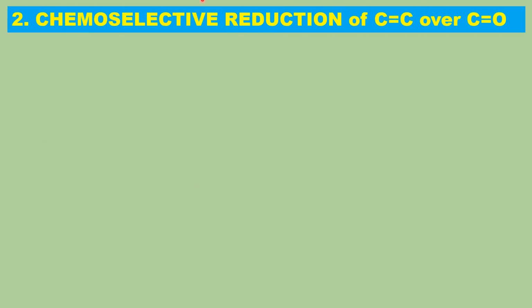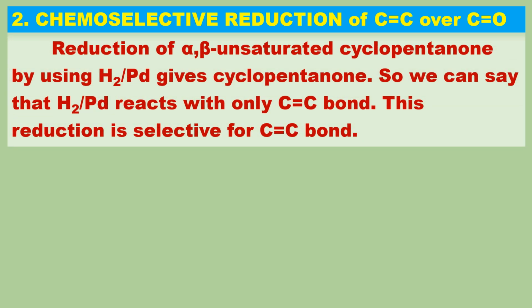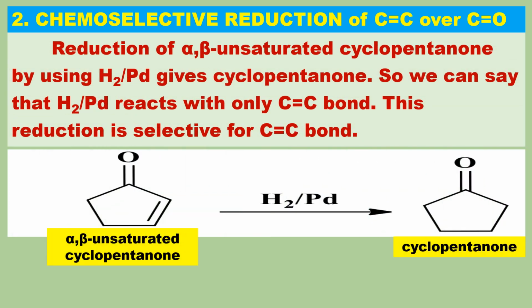Let us see the second example, chemoselective reduction of C double bond C over C double bond O. Now, let us consider alpha beta unsaturated cyclopentanone. This compound is called alpha beta because this is alpha and this is beta with respect to this CO group.